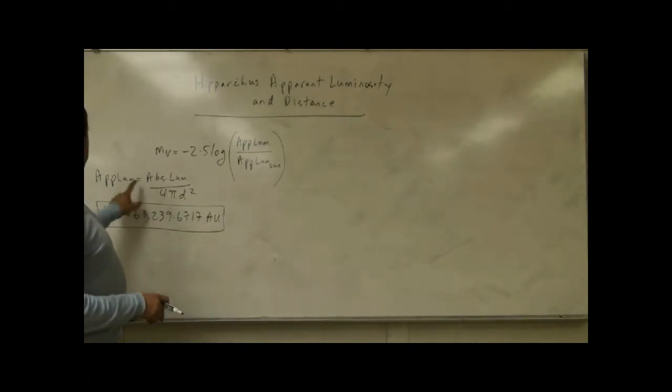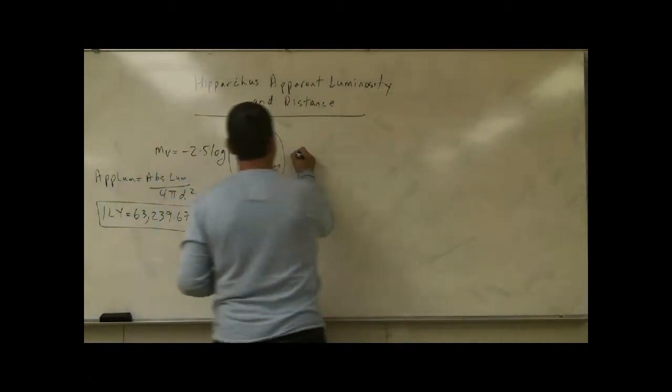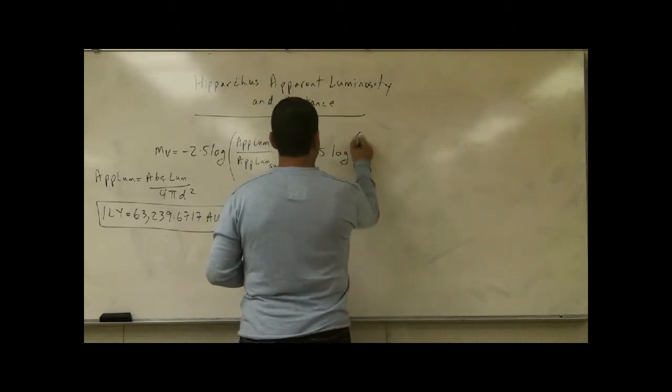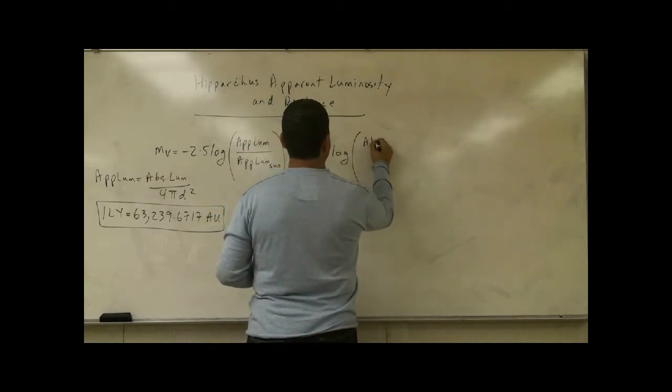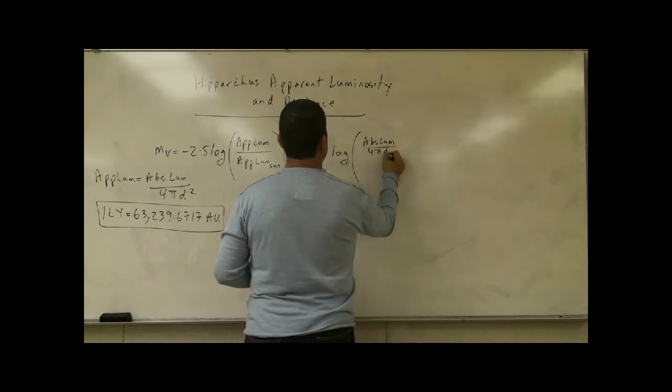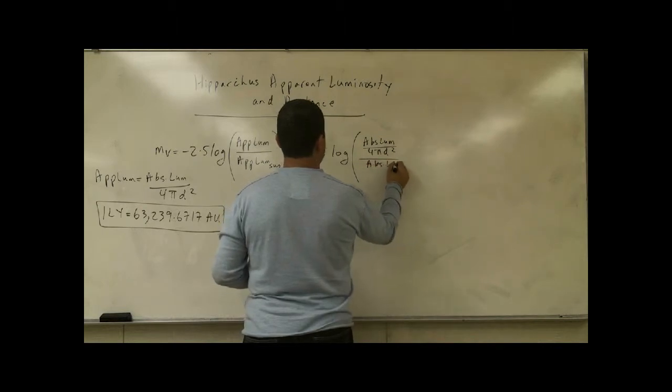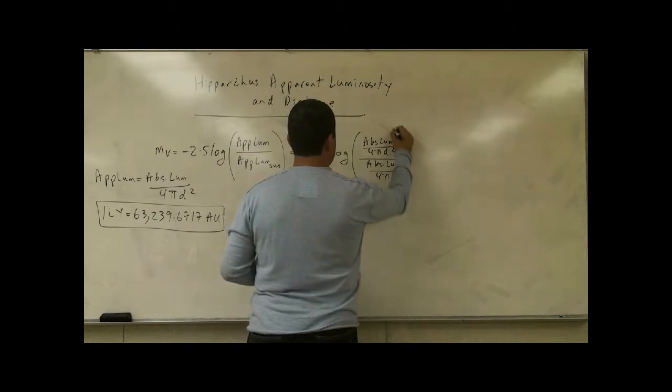63,239.6717. So I'm going to take this equation and put it in here: -2.5 log, this is going to be absolute luminosity over 4 pi distance squared, over absolute luminosity of the sun over 4 pi distance of the sun squared.